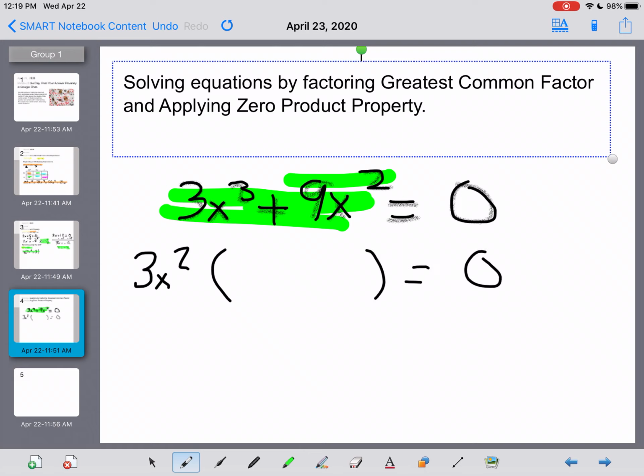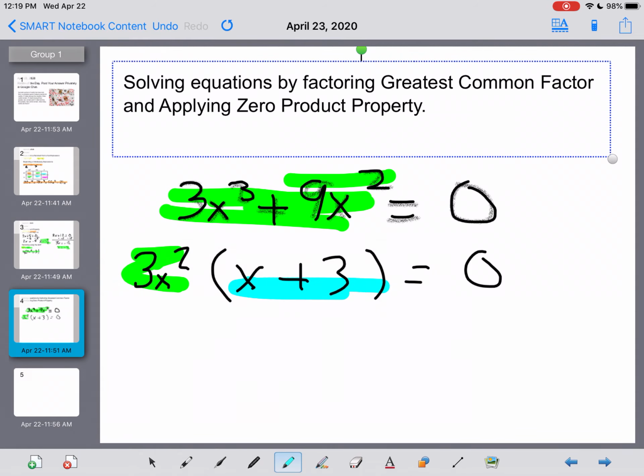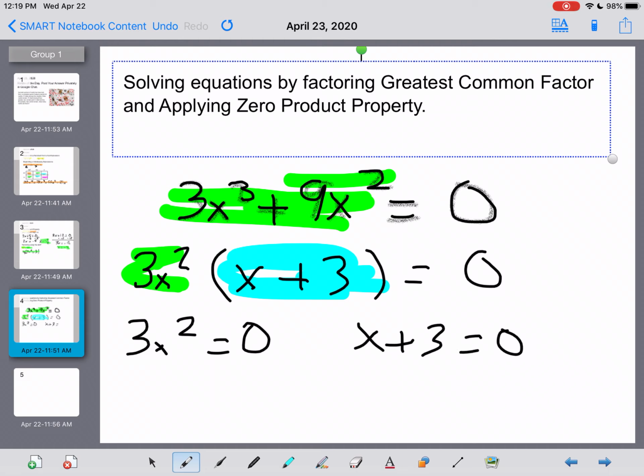To go from 3x squared to 3x to the third power, I need to multiply by x. And to go from 3x squared to 9x squared, I'm going to multiply by 3. Remember, now either this expression or this expression has to equal 0, because I have a product of 0. So 3x squared must equal 0, and/or x plus 3 must equal 0.